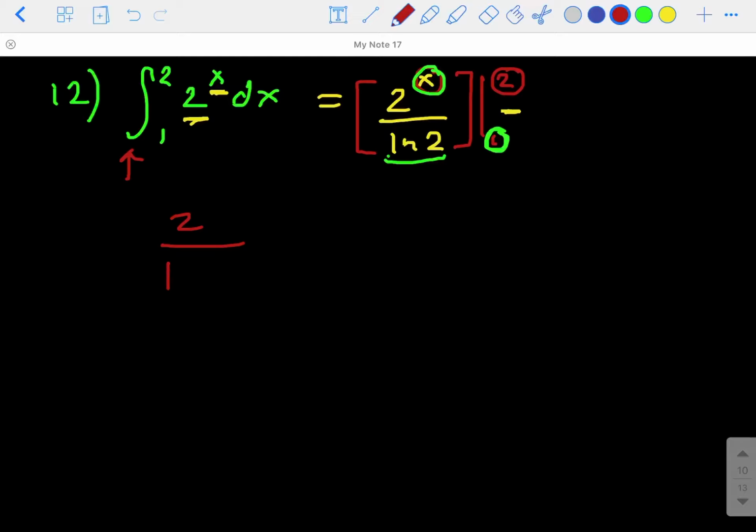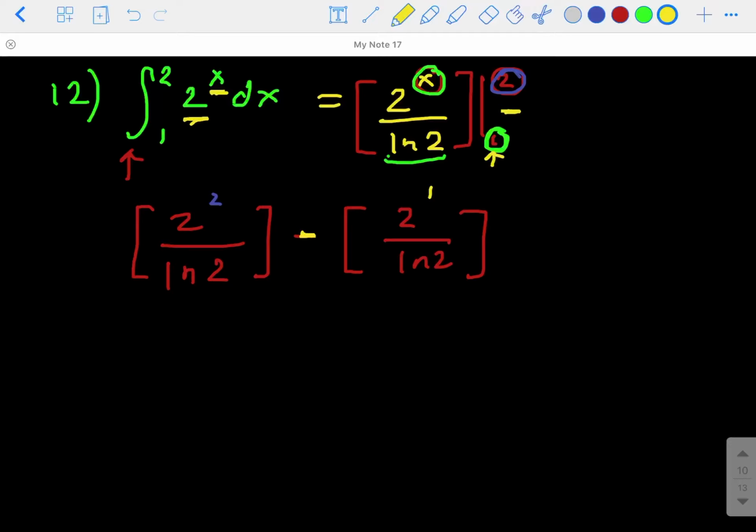2 to the x over natural log of 2, and this is subtracted by 2 to the x over the natural log of 2. I'm just going to be copy and pasting the bounds from here. So applying 2, and this is applying 1, the lower bound.